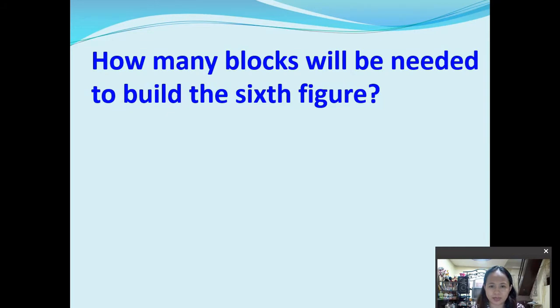Now, for the sixth figure, how many blocks do you think will be added to 15 to get the total number of blocks for the sixth figure? Since it's the sixth figure, we will add 1, 2, 3, 4, 5, 6. We will add 6.